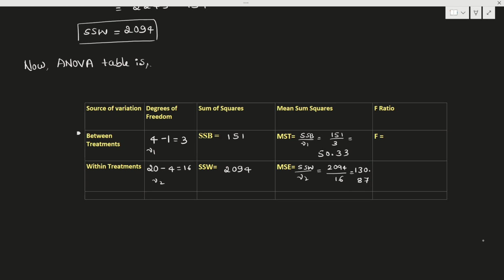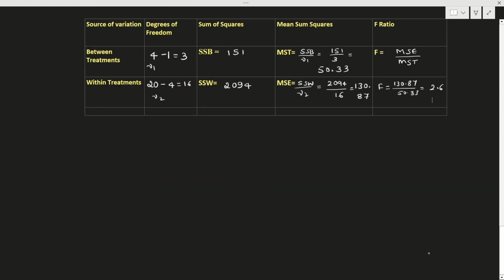Then the F ratio is MSE divided by MST, so F is equal to 130.87 divided by 50.33. So it is 2.6. Degrees of freedom total you can calculate as 20 minus 1, which is 19.